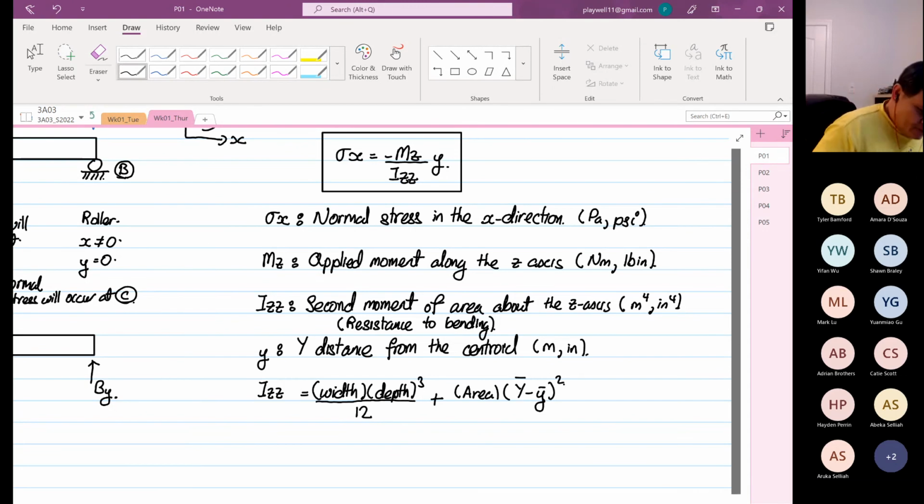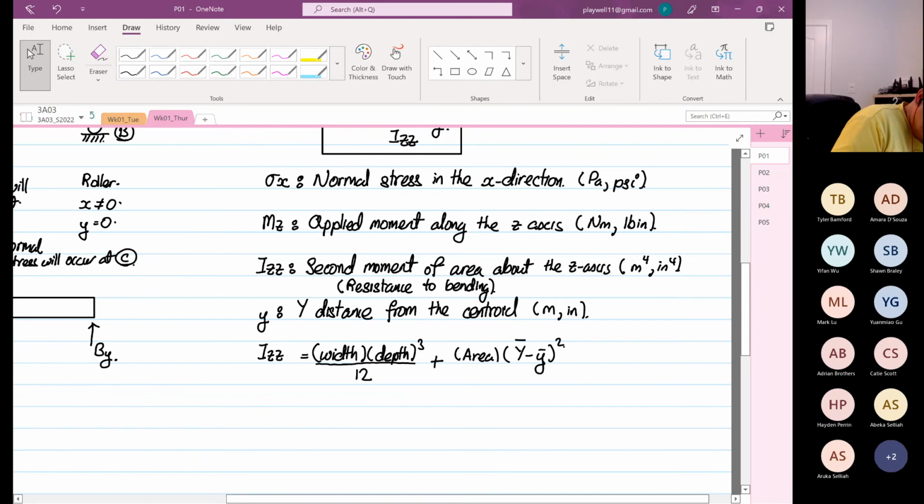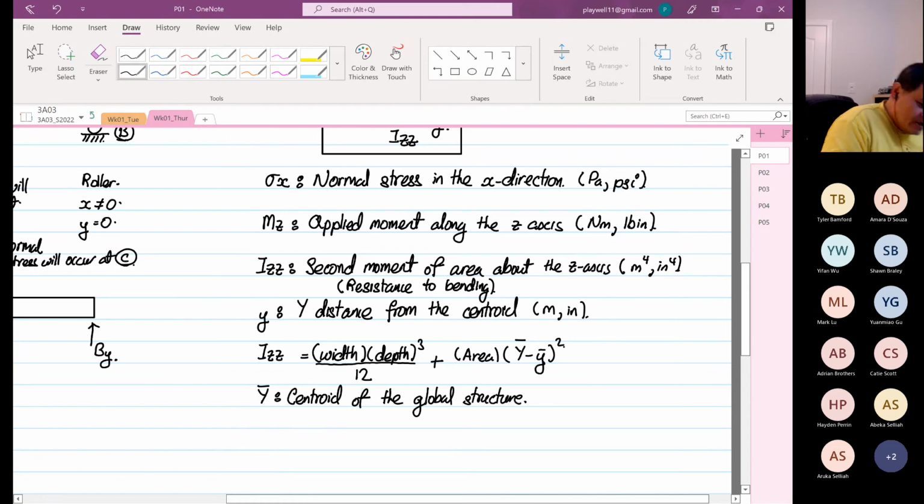Okay, thank you. So over here, the capital Y bar is the centroid of the global structure. Later on, when we do an example, you'll see this clearly. And it's in meters.